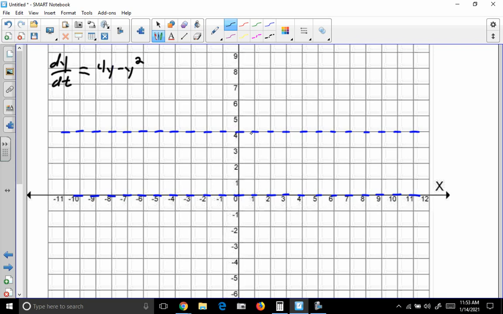So we've got 0 and 4. We know that the slope is 0 there. If we let y be 1, when y is 1, we have a slope of 4 times 1 minus 1 squared. So we have a slope of 3. So anytime y equals 1, our slope is 3. So that would look something like this.